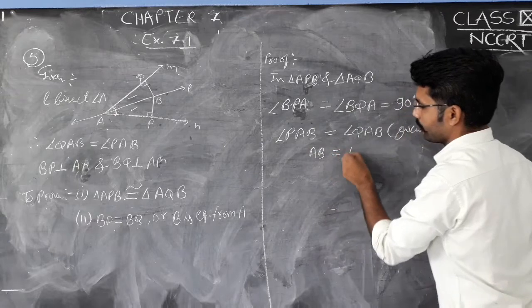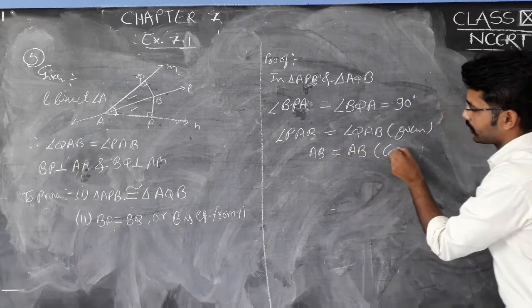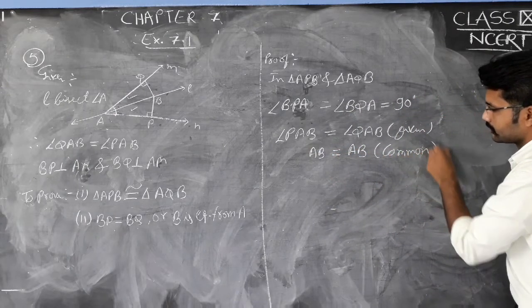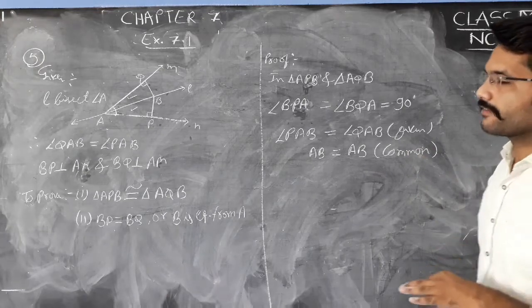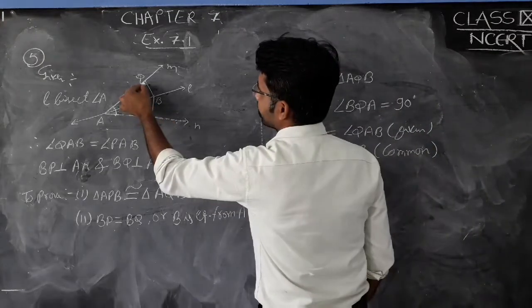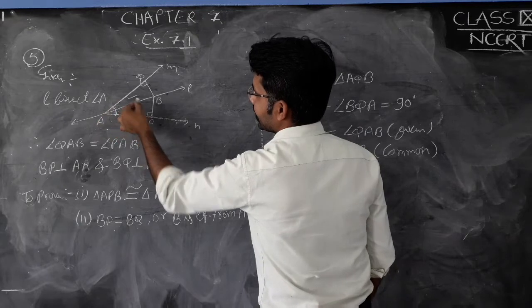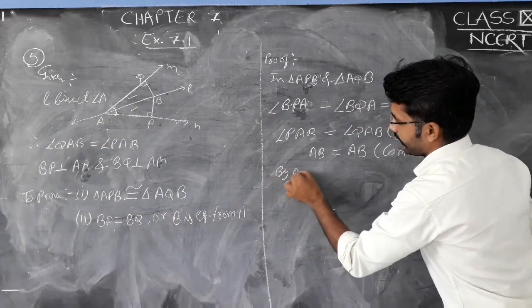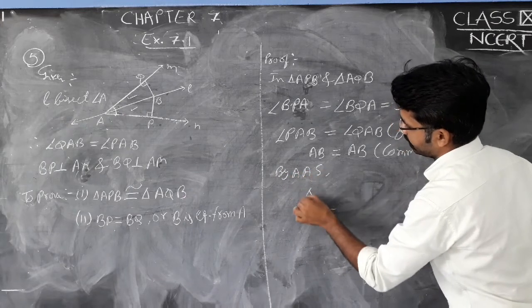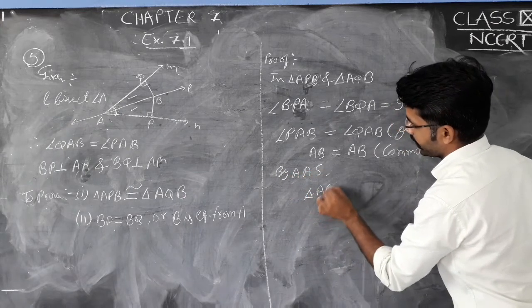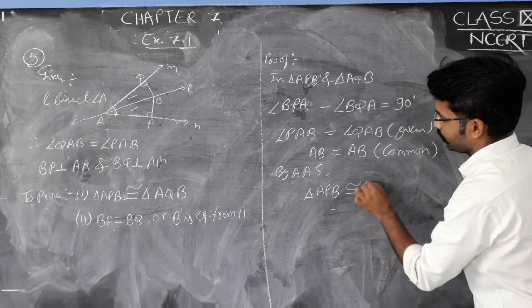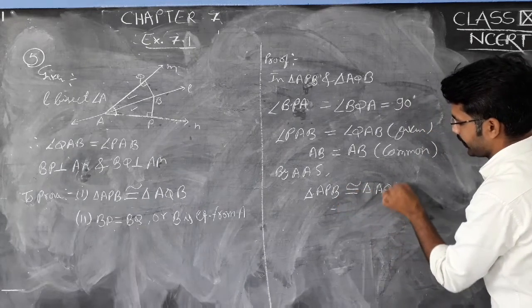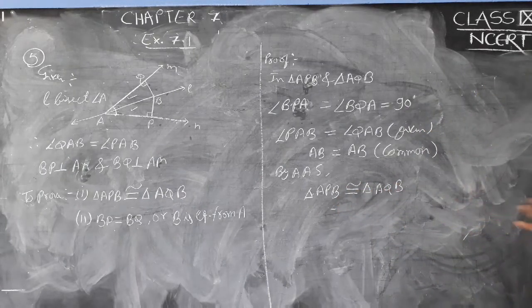AB is common side. But which property are we using here? We have angle, then side. Here also angle, side. By the angle-angle-side property, you can say triangle APB is congruent to triangle AQB. So here we have shown two triangles congruent.